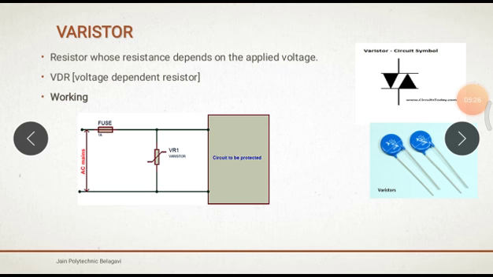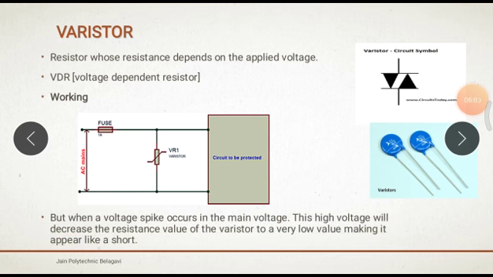If there are transients, spikes or surge impulse voltages, how does it protect? Suppose the surge voltage exceeds the limit voltage of the varistor. Then the varistor resistance, the impedance across it, will decrease. When the resistance decreases, all the surge current goes directly through the varistor, and the circuit gets protected. That is the importance of the varistor.